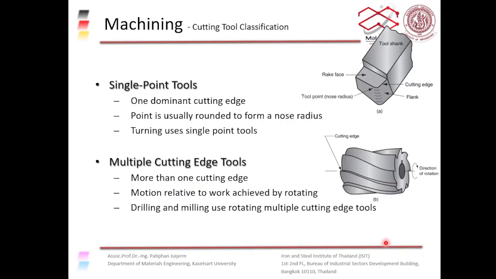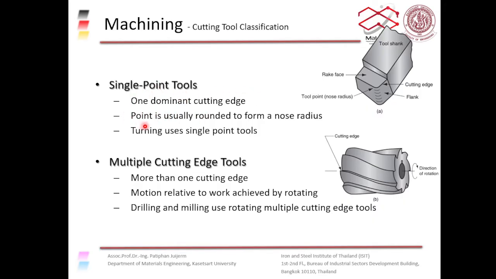Okay, so next we'll look at the cutting tool. So cutting tool classification. The cutting tools can be divided into two types. We have single point tools and multiple cutting edge tools. For single point tools, you have one dominant cutting edge.